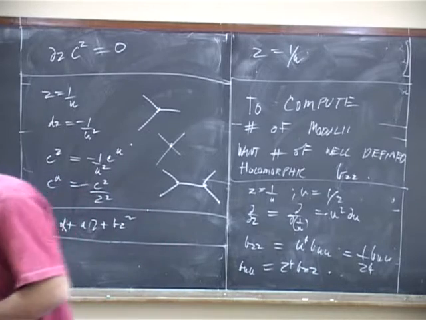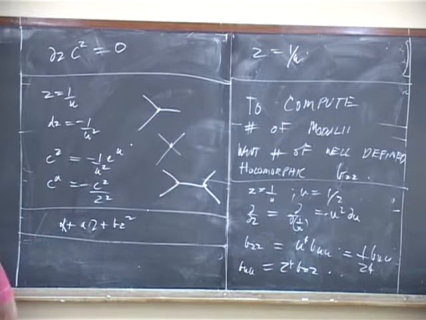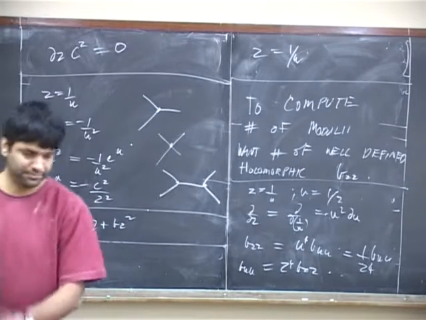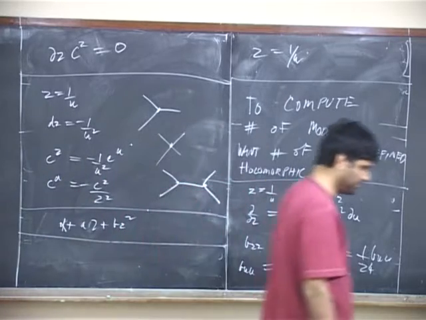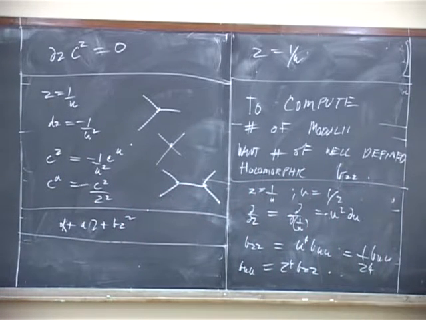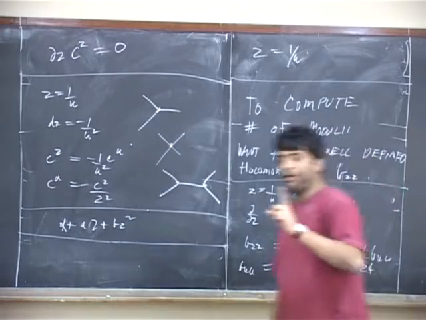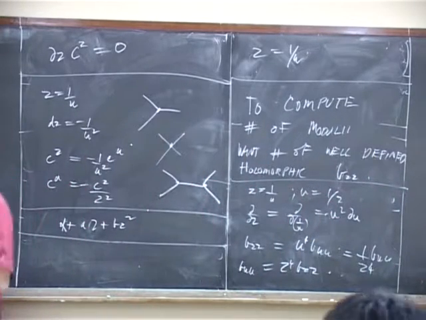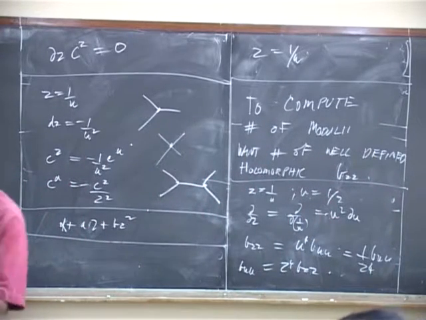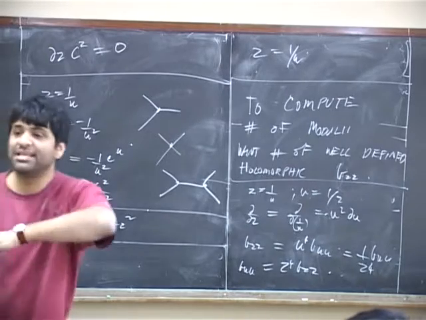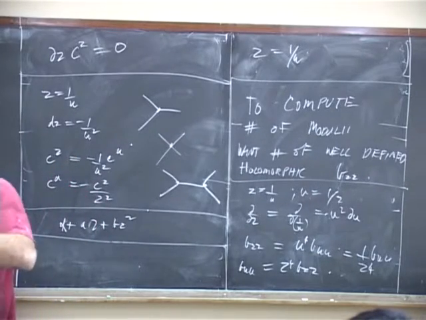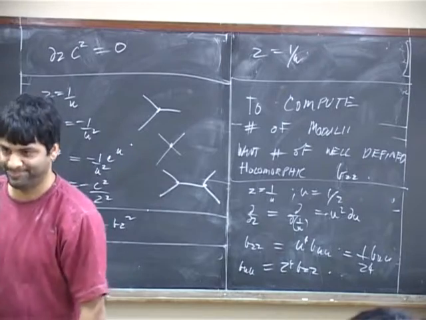You'll see how that works when we do it. The point basically is that there was this C insertion in that thing. Now, C was something that mimics the properties of the allowed diffeomorphisms of your theory.